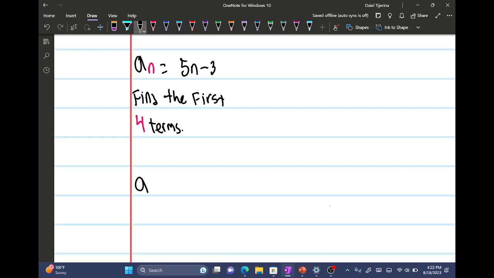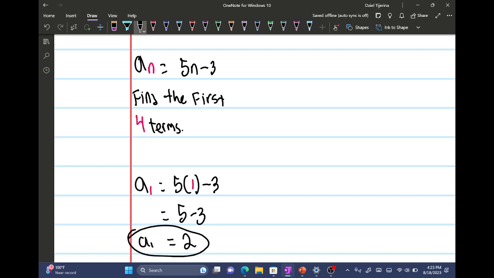I know that a sub n is 5n minus 3, but what would be a sub 1? So for a sub 1, we just put 1 for n here. So we'd say 5 times 1 minus 3, so we have 5 minus 3, and then we would get 2. So we know a sub 1 is 2.